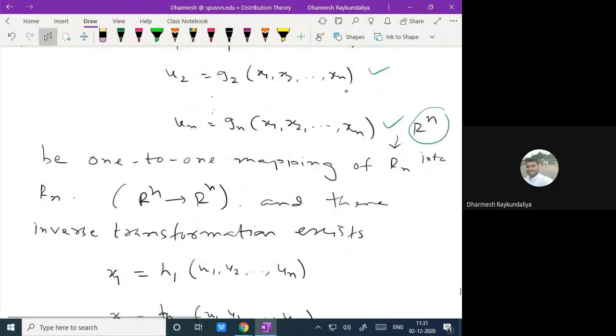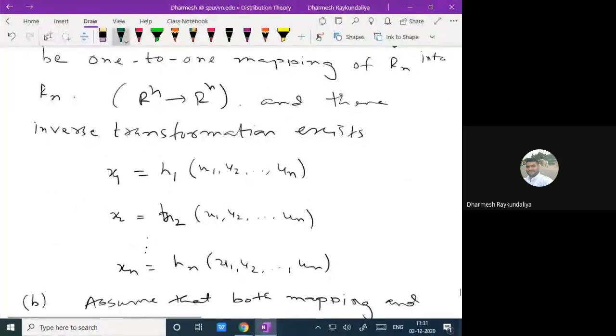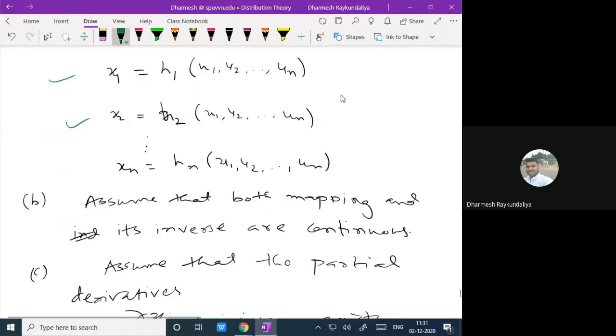It is given that the mapping is from Rn to Rn, and the inverse transformation exists. It is given by x1 equal to h1(u1, u2, un), x2 equal to h2(u1, u2, un), likewise xn is hn(u1, u2, un).